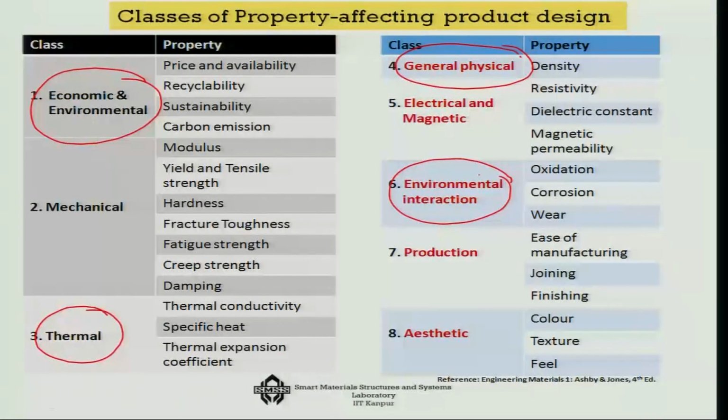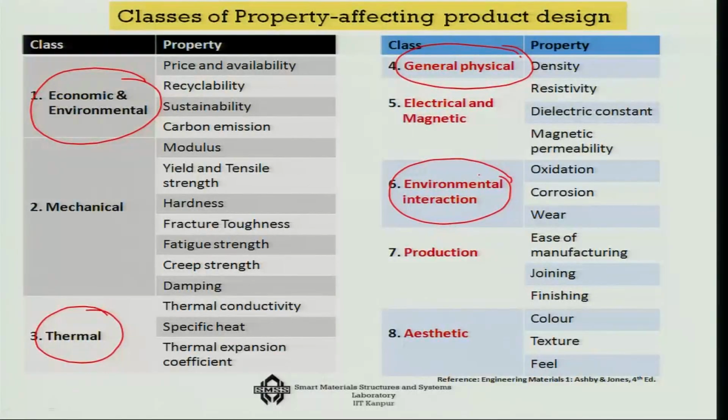And next is from the production perspective, we also look for properties which are important from the production point of view. For example, which material is good from the manufacturing point of view. I can give you an example: if you consider iron, okay, and something like titanium, okay, which is used as a space grade application because of its very good high temperature properties.